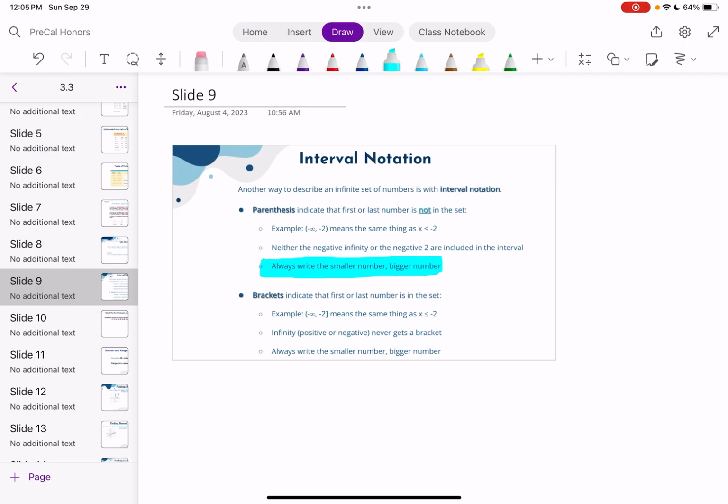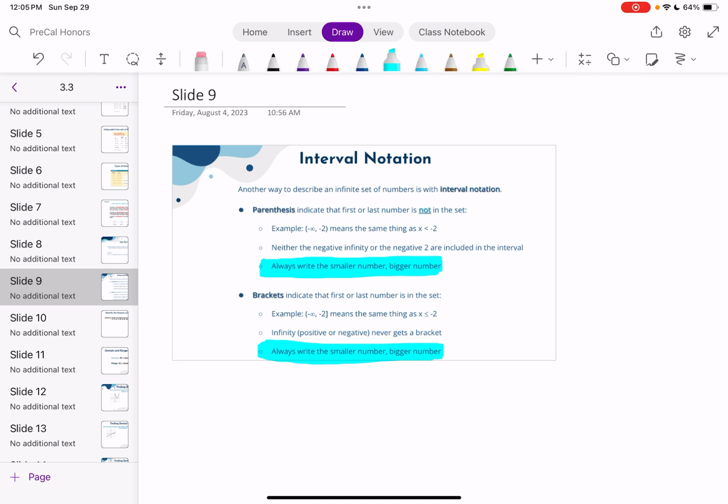This means that we are including the number that is being described within that interval notation. Once again, we write it from the smaller number, comma, bigger number, depending on how we use those brackets and parentheses.